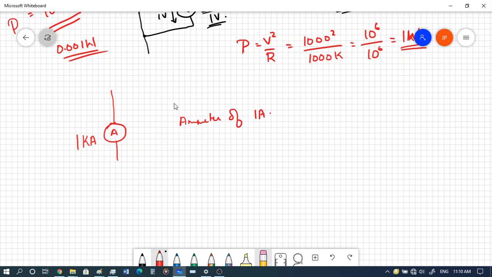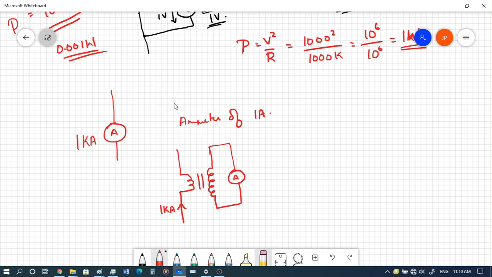Now if you want to measure this, you can use a current transformer. So 1 kilo amperes is passing through this, and we connect it to a current transformer, and we take the secondary out, and we connect it to a meter.